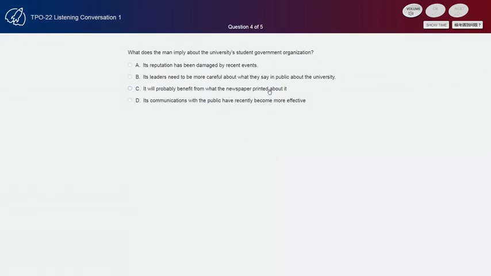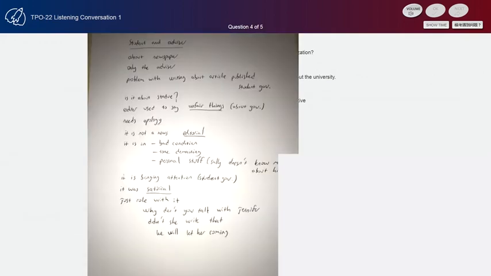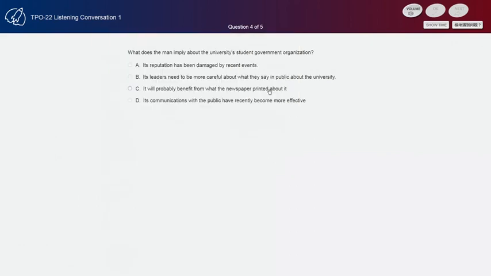I'm going to my notes and I see here that it is bringing attention to the student government, because normally nobody really cares about them, but when you publish something like that, it draws attention. So it means the student government organization probably benefited from it, right? Because it even brought some attention to some of the students that that girl came all over to that office to complain about it. So that's also a proof.